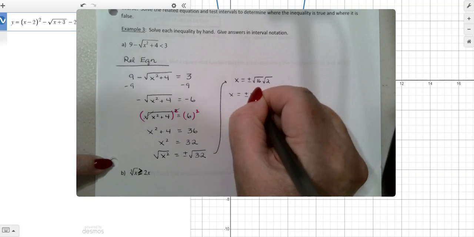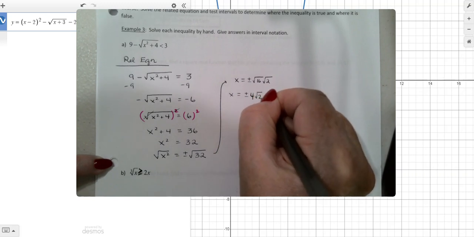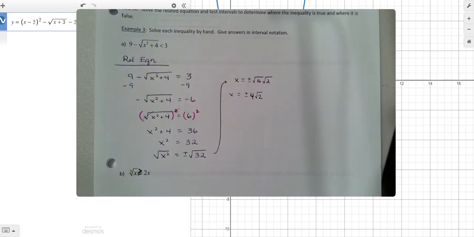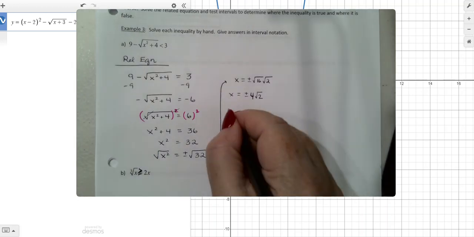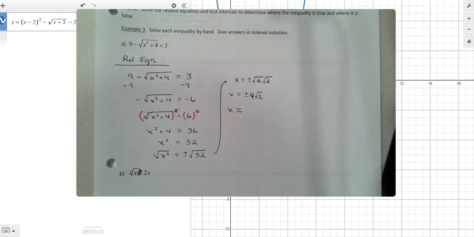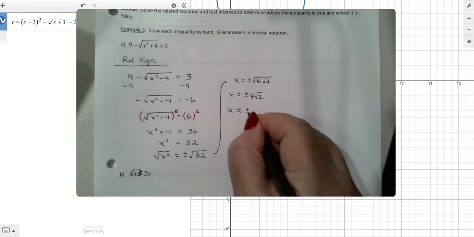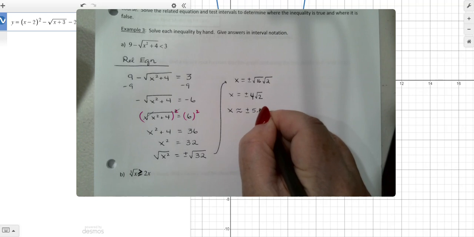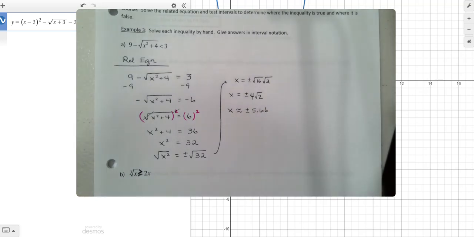So plus or minus 4 times the square root of 2. Now I'm going to put that on a number line. It might be helpful to have some decimal approximations. So 4 times the square root of 2 is about 5.66. So about plus or minus 5.66.